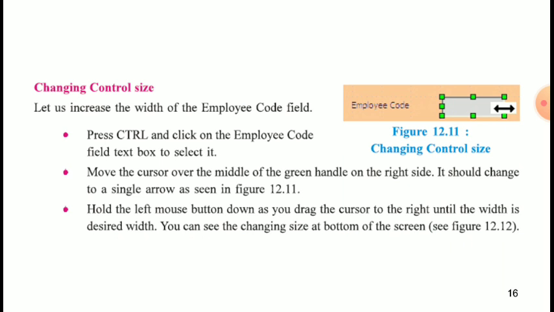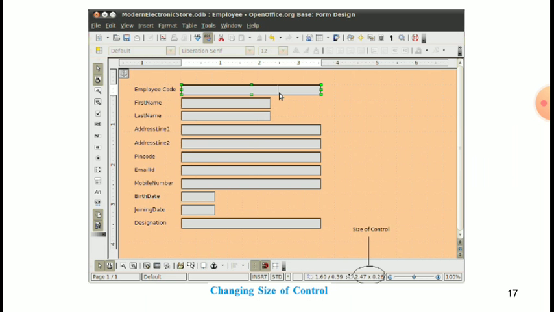Hold the left mouse button down as you drag the cursor to the right until the width is the desired width. You can see the changing size at bottom of the screen. See figure 12.12. So that is changing size of a control.